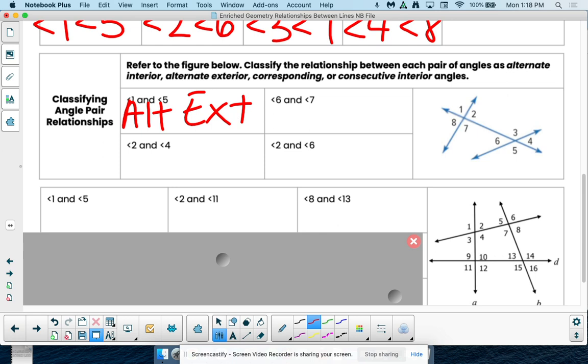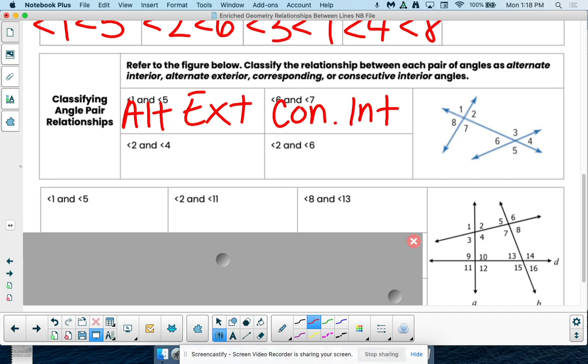What about 6 and 7? Consecutive interior. Yep, they're on the same side of your transversal on the inside of your lines, so consecutive interior. 2 and 4. Kind of goofy. Corresponding.